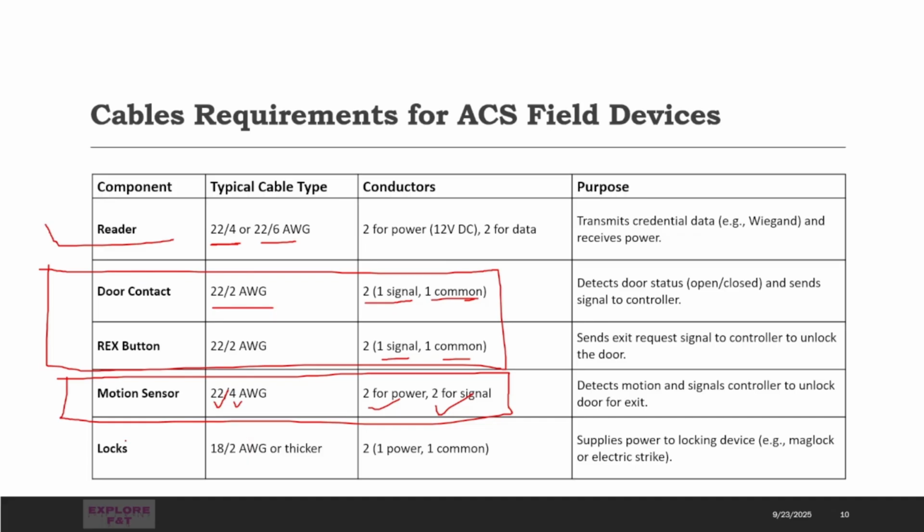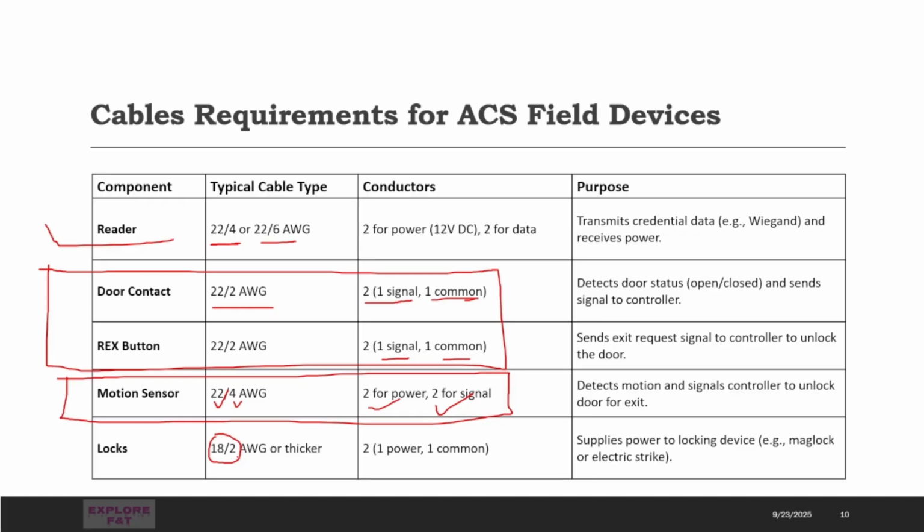So for lock we need a power cable, because this is thinner wire and this is a thicker wire, like 18 by 2. We are not using the cable only to send a signal, we are using the cable to get power to the lock.